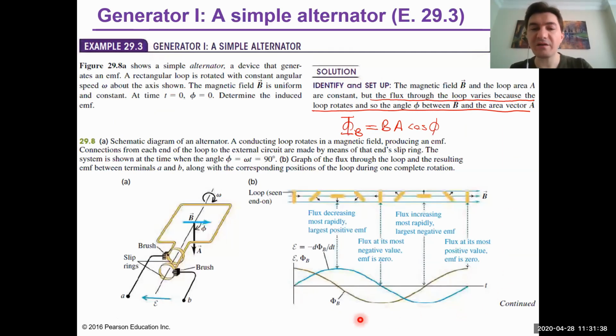This is a very nice figure. You can understand the mechanism, okay? Just try to concentrate. If something is not clear, please let me know. This is the time, okay? And then this is the magnetic flux, this one. Magnetic flux changes. Why? Because phi angle, then cosine phi changes, okay?